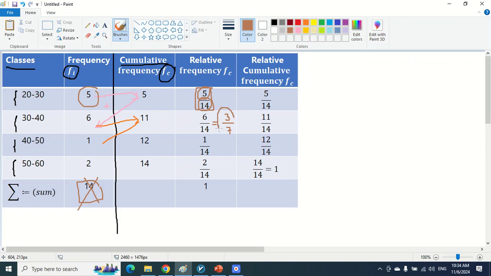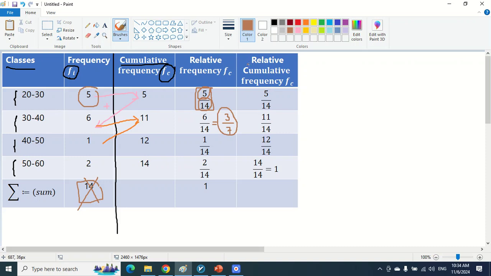But when we discuss 3 over 7, it doesn't mean that the frequency of that class is 3 and the whole space is 7. It only gives us the information of what the ratio of occupied data in that class is in comparison with the whole space. So this 3 over 7 still gives us some information.